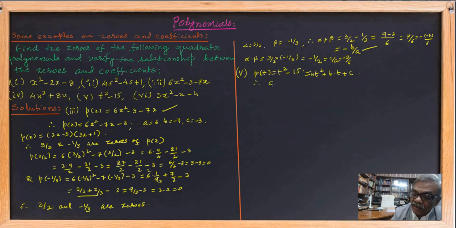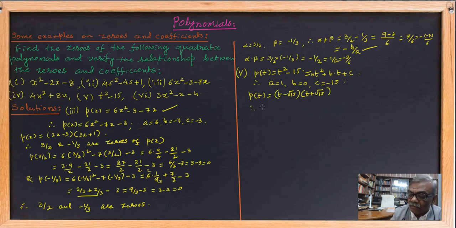Therefore, here a is equal to 1, b is equal to 0, and c is equal to minus 15. So it is in the standard form, and p(t) can be written as (t minus root 15) into (t plus root 15). You can verify the factors here.